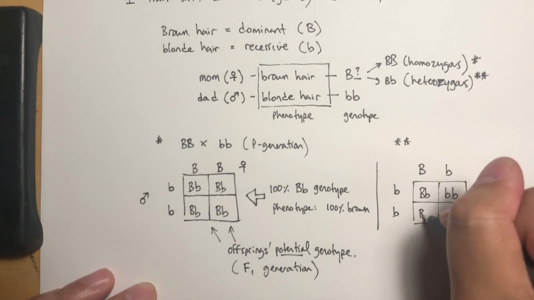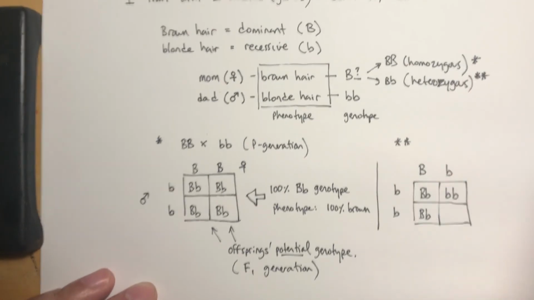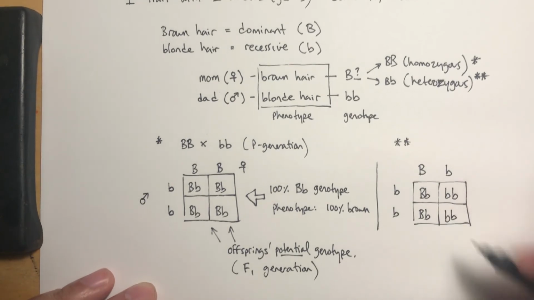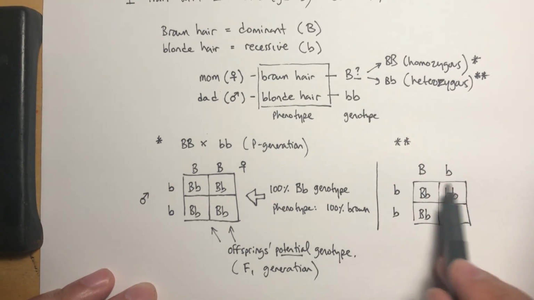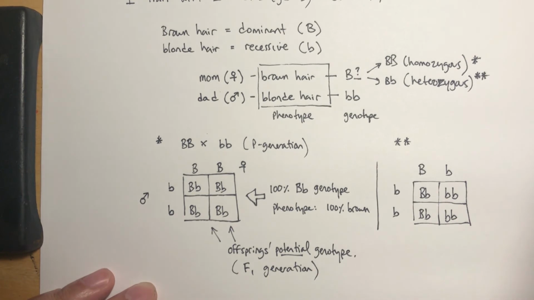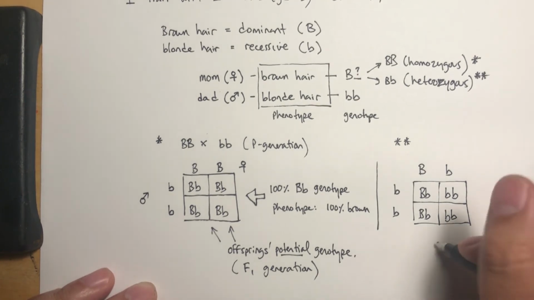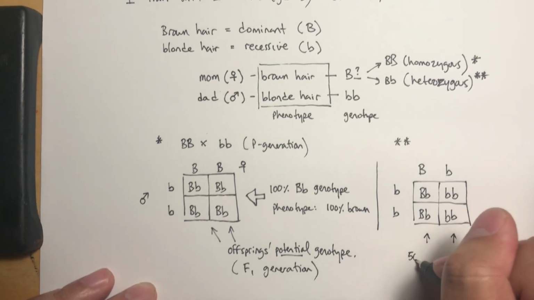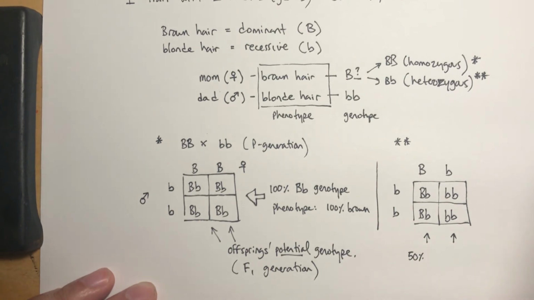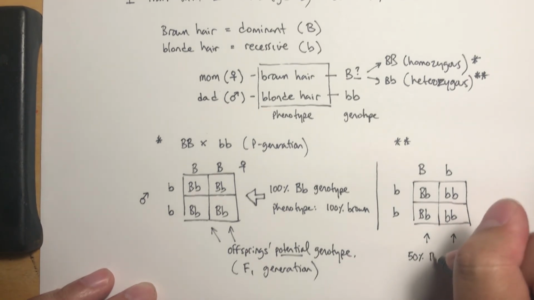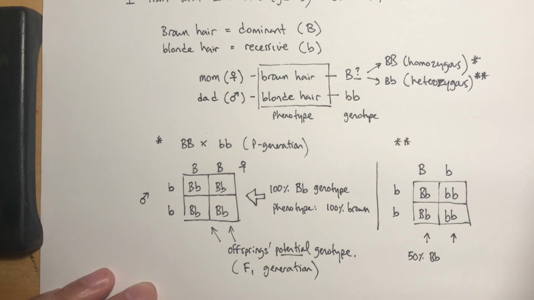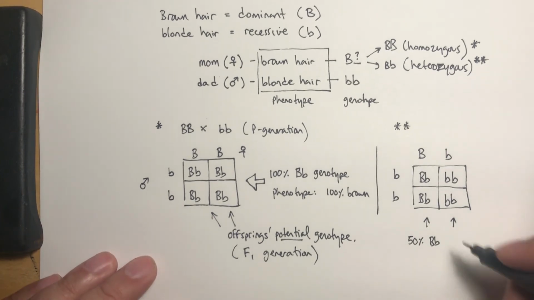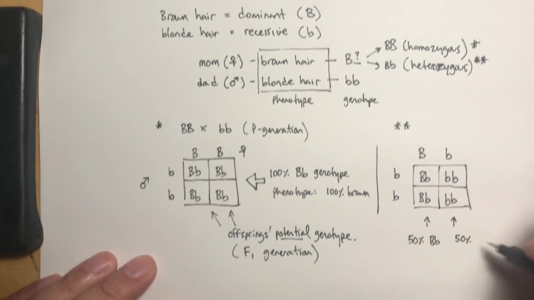Mom contributes a big B, dad contributes a small b, both contribute a small b over here. Now, your F1 generation have different genotypes. 50% of your F1 generation is big B, small b. The other 50% is small b, small b.